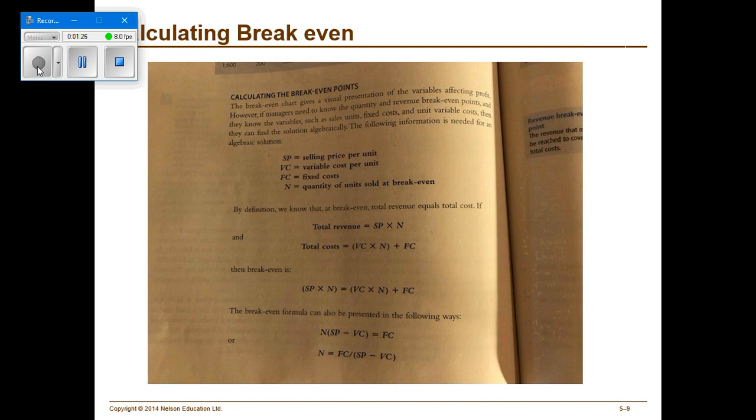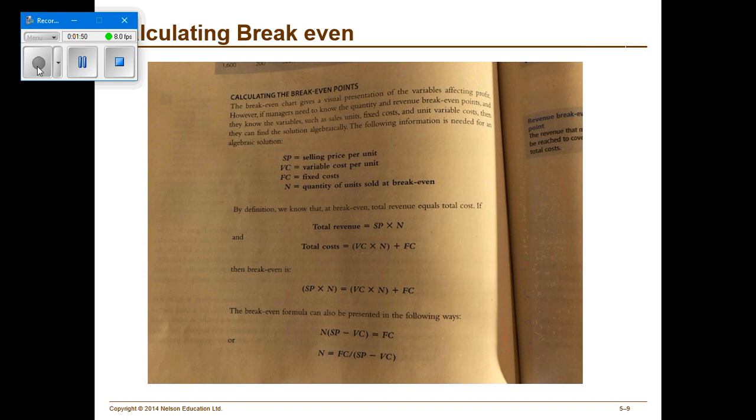Okay, so your total revenue is how much it is per unit. If we sell those lamps for $5 each and multiply it by maybe 1,000 lamps, our total revenue would be 5,000. $5 per lamp, and we sell 1,000 of them.